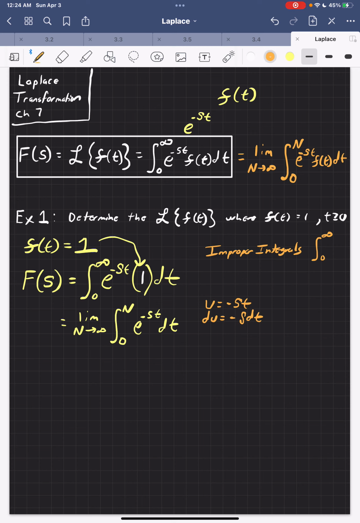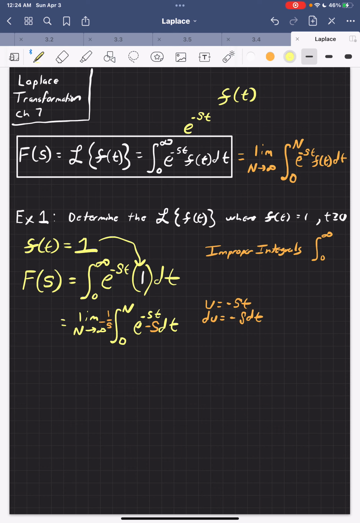So I can multiply by negative s right here, as long as I'm willing to divide by negative 1 over s. So now my integrand fits perfectly to do this u substitution.